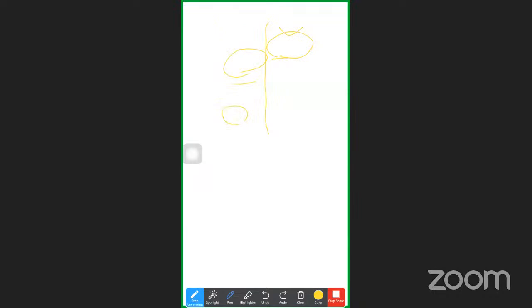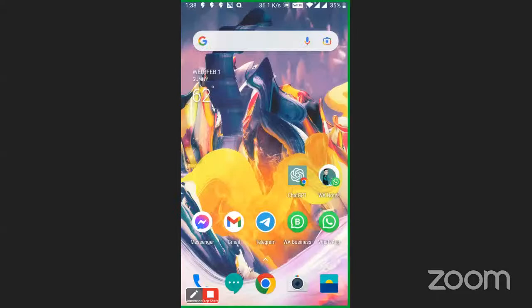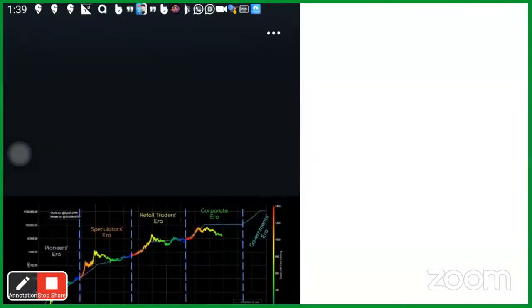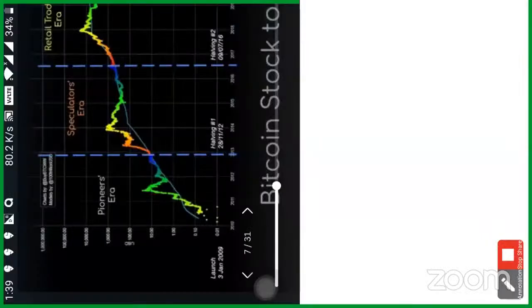I think my screen has gone. Let me close and start again. Just give me 1 second. Let me load it to the full screen. Not yet.